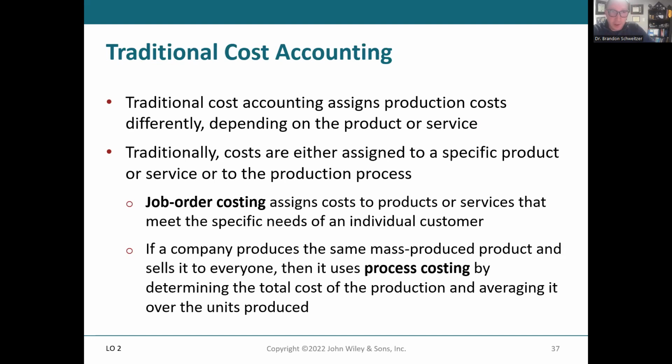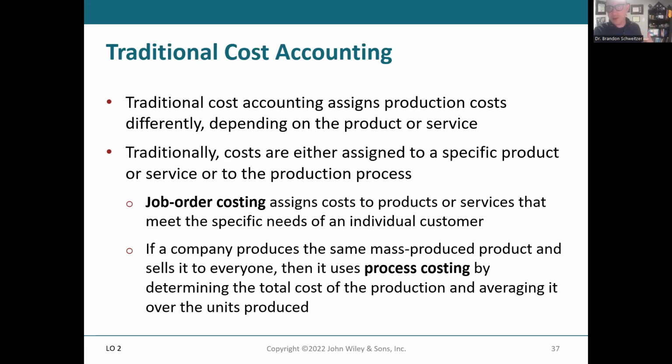When it comes to cost accounting, typically we use job order costing to track these. As I had mentioned, job order costing is a focus on the customer's unique order. Okay, customer places an order.